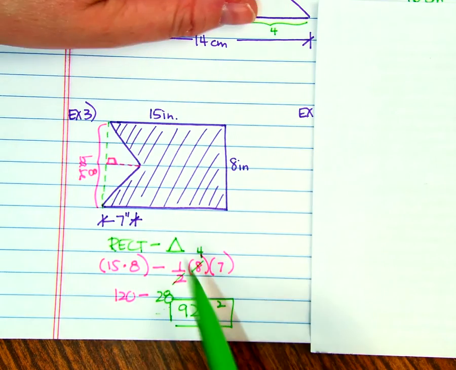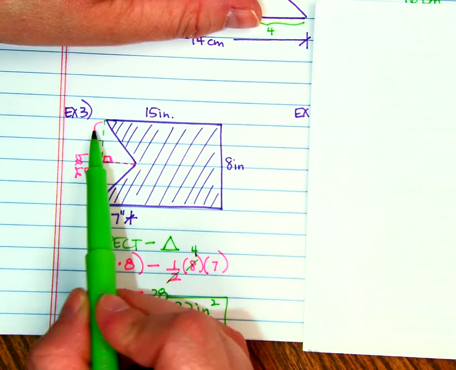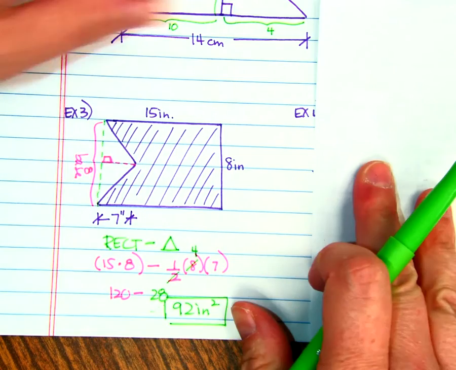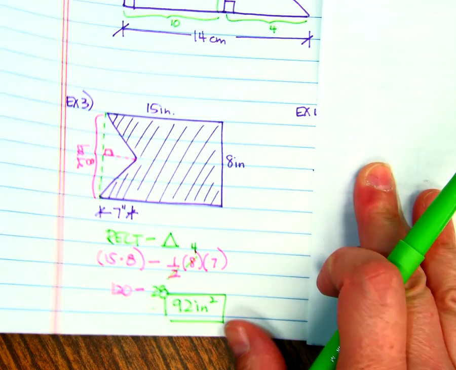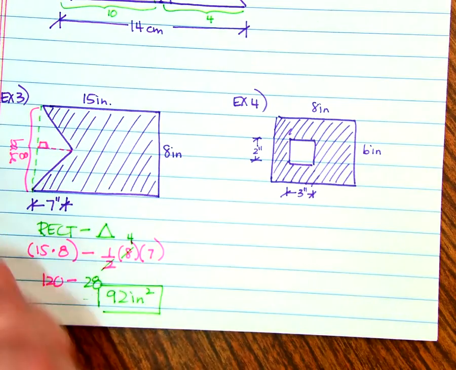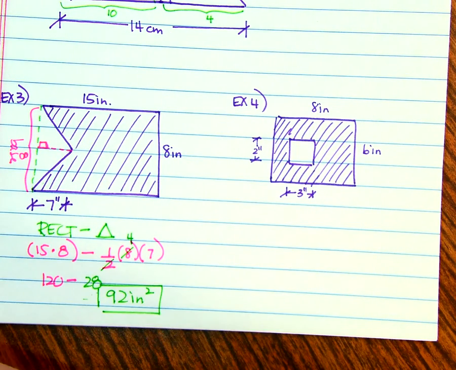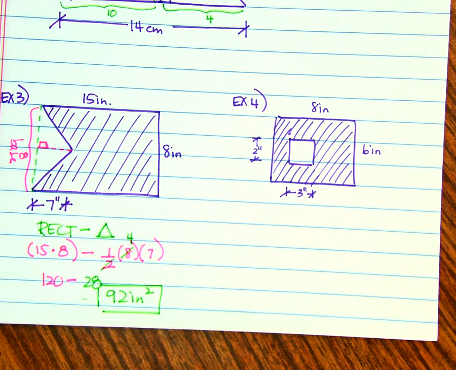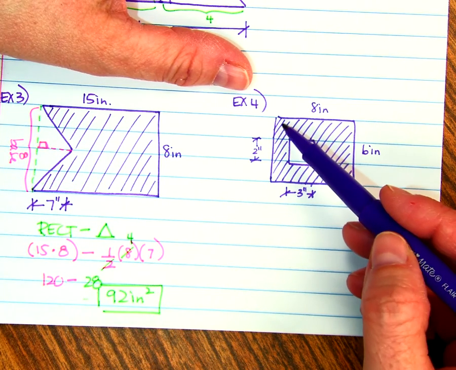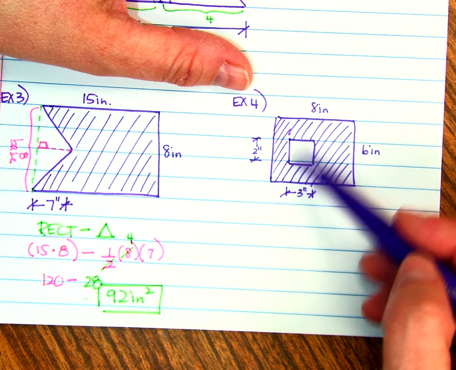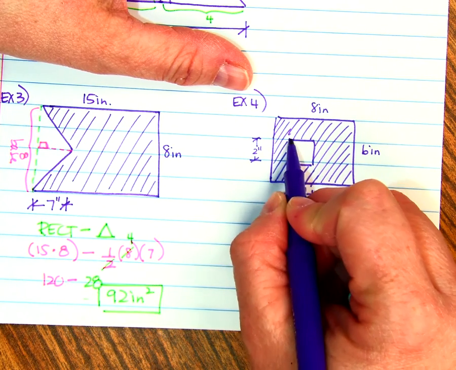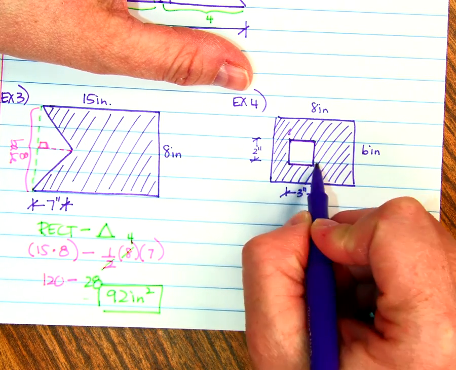Okay, so notice what I did there is I found the big area minus this cutout piece. So notice how it's cut out here, whereas in example 4, it actually is a hole in the figure. So think of this maybe as I want to tile this kitchen floor, so that's the shaded piece, but I'm not going to tile where I have a big island in my kitchen.